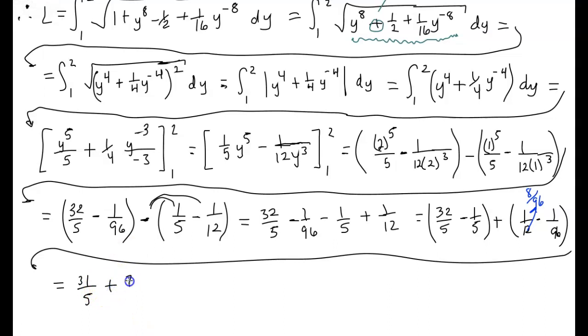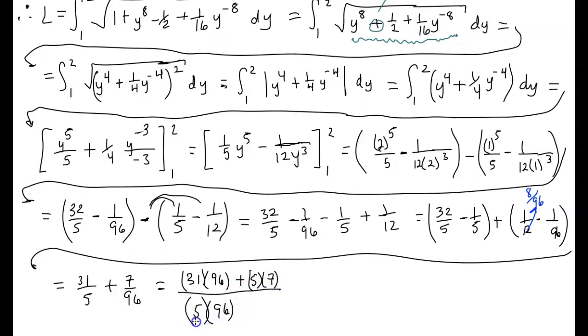This will be plus 7/96. And then from this point, we'll just figure out what the answer is the quick and dirty way, which is we'll say 31 times 96 plus 5 times 7, all that over 5 times 96.